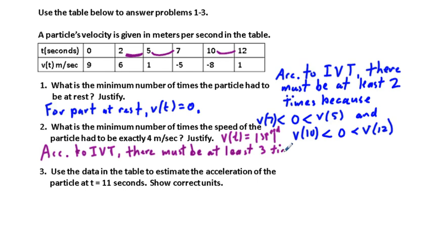and now the interval justification, because 4 is, let me see, it's going to be greater than v sub 5, but less than v sub 2.